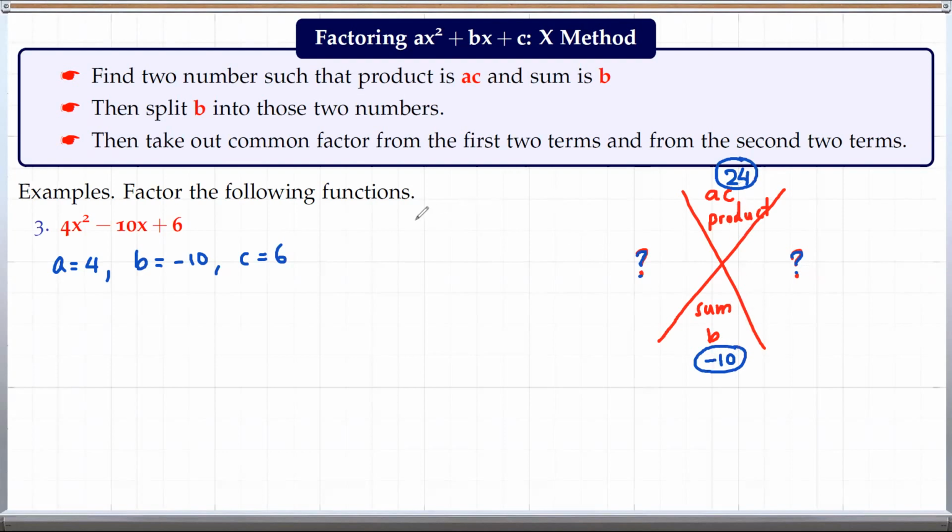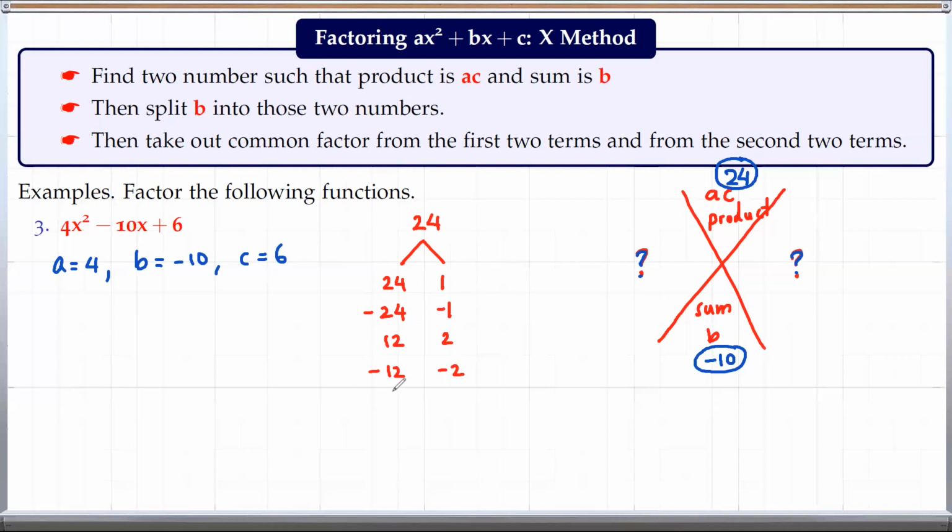For that, let's look at some factors of 24. So we look at pairs of numbers that make product 24. So one of them is, of course, 24 and 1. The other one can be -24 and -1, because -24 times -1 is also 24. The other one can be 12 and 2. 12 times 2 is 24. -12 times -2.